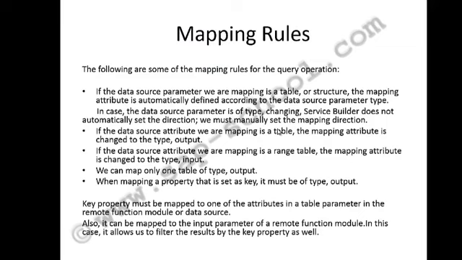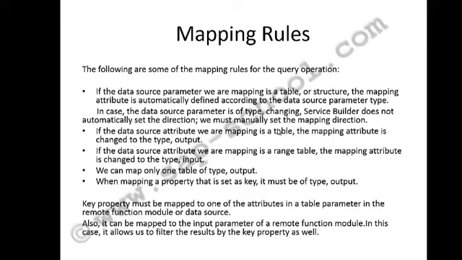There are certain mapping rules for a query operation. Whenever we are doing a mapping for a particular operation, there are certain rules which we have to follow. If the data source parameter we are mapping is a table or structure, the mapping attribute is automatically defined according to the data source parameter type.